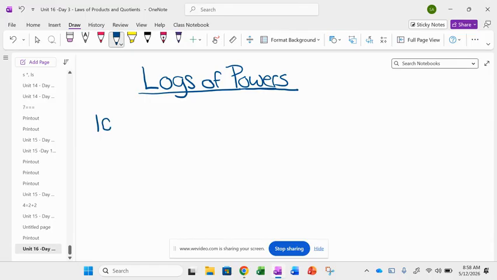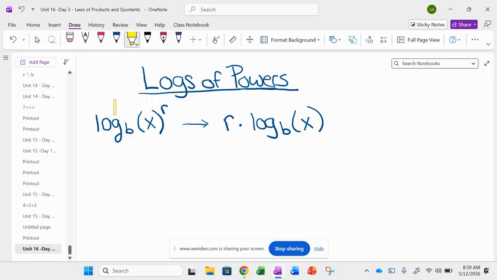So the rule is telling us if I have log base b of x raised to some exponent, we are allowed to pull that exponent in front, and that's going to be that exponent times log base b of x. So this is our next rule. And I'll show you why this works.